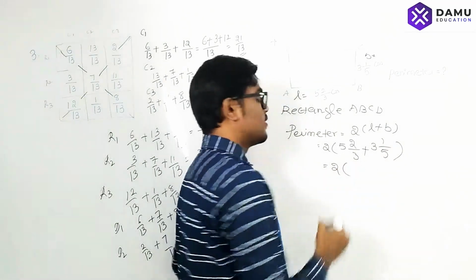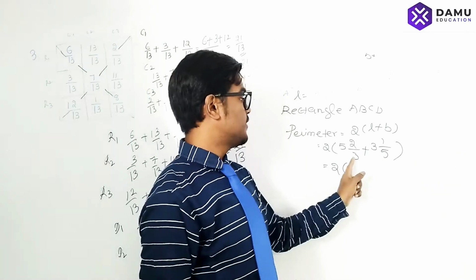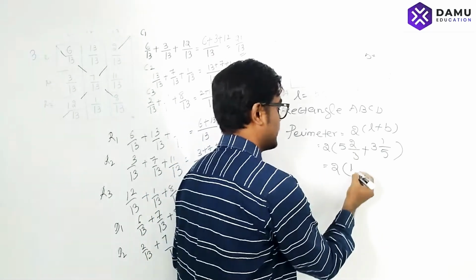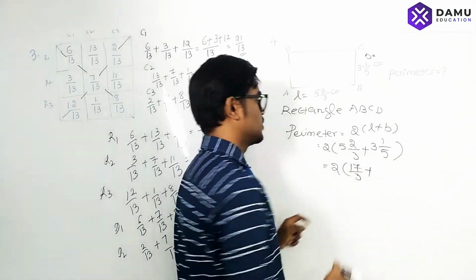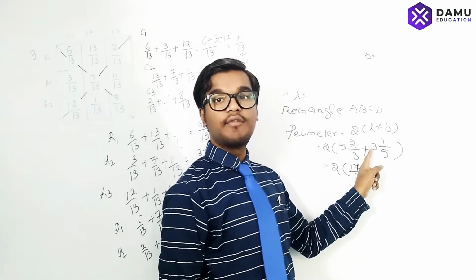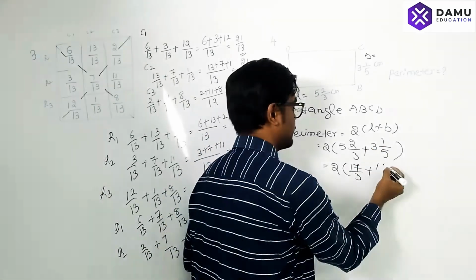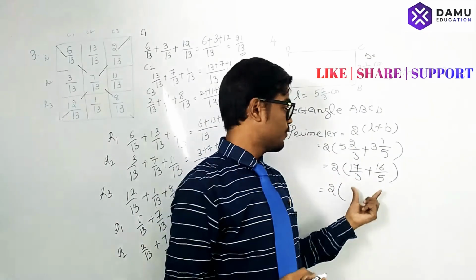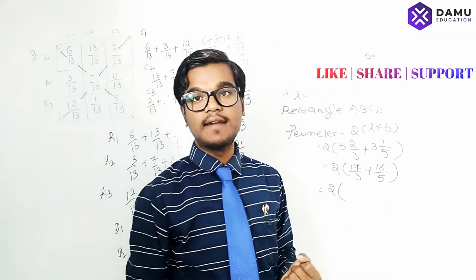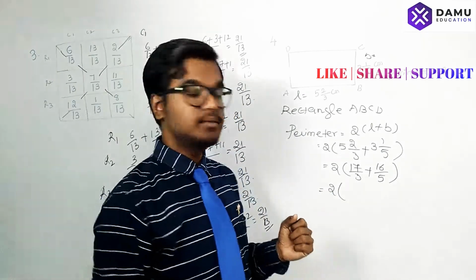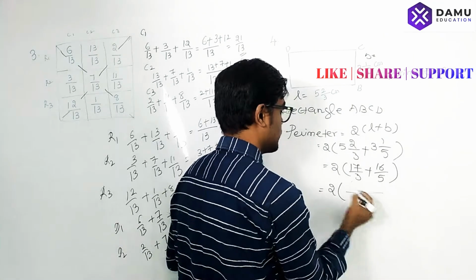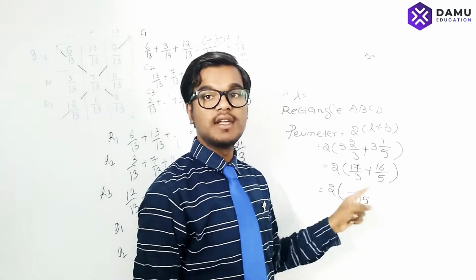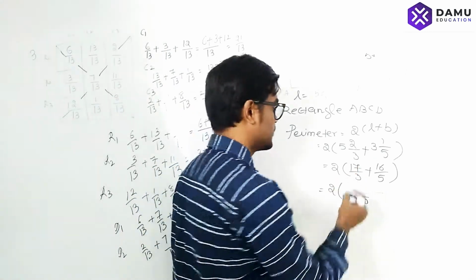We need to take the LCM of 3 and 5, which is 15. For getting 15, we need to multiply 3 by 5, so 5 should be multiplied with 2, and 3 with 1.